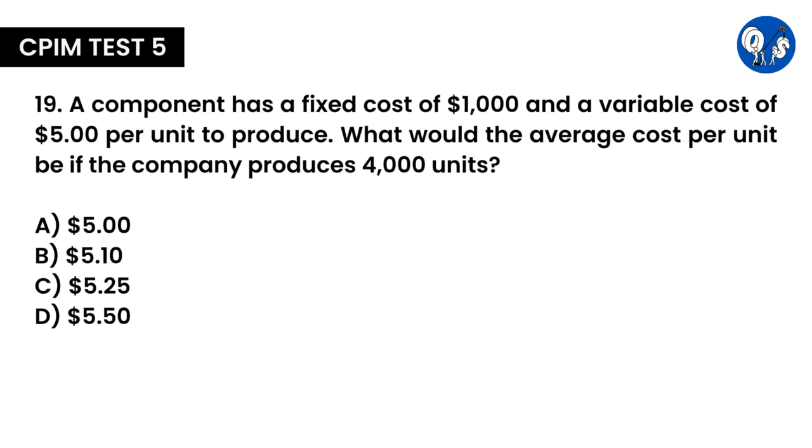Question number 19. A component has a fixed cost of $1,000 and a variable cost of $5 per unit to produce. What would the average cost per unit be if the company produces 4,000 units? A. $5, B. $5.1, C. $5.25, D. $5.5.